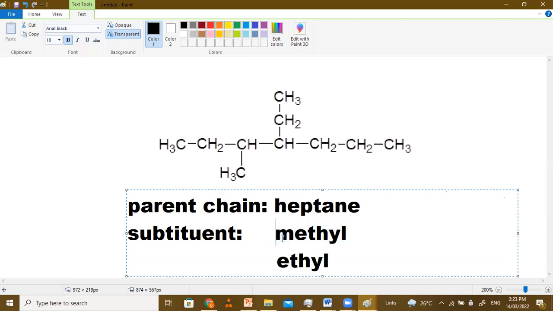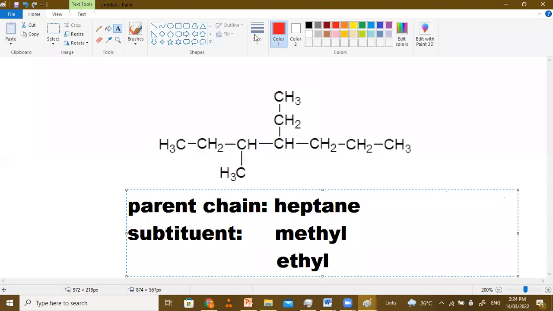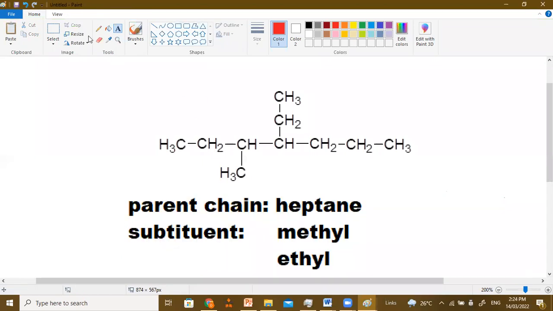All right, our methyl, if you start counting from the left, is carbon 1, carbon 2, carbon 3. We have carbon 3 here.